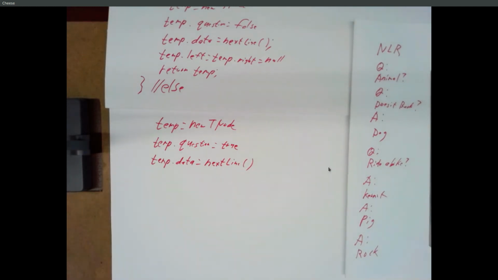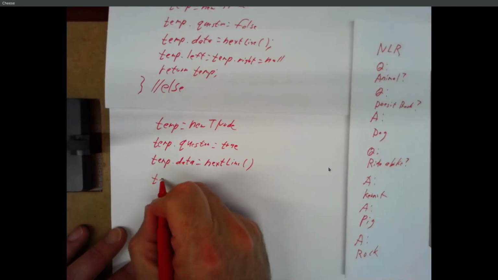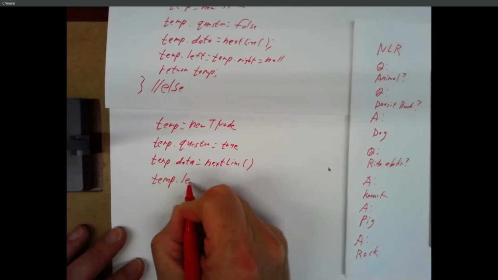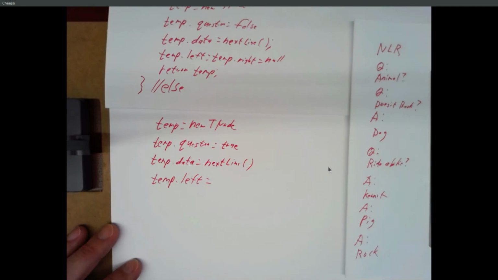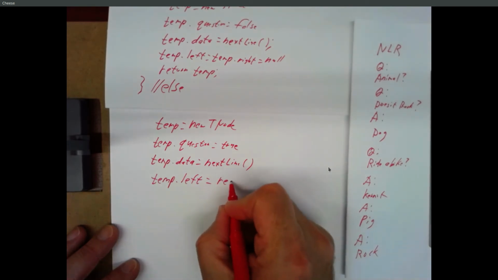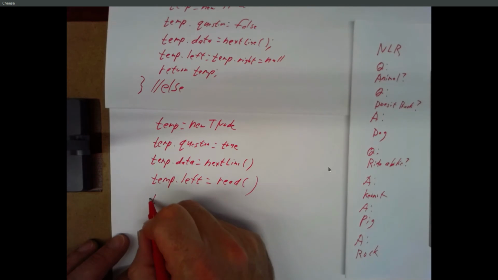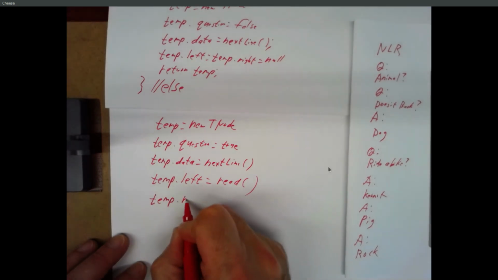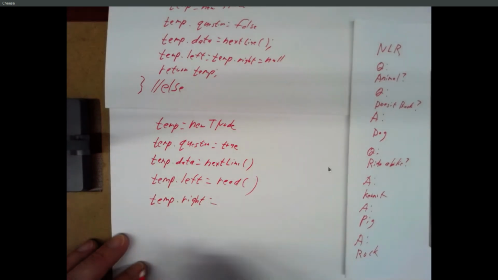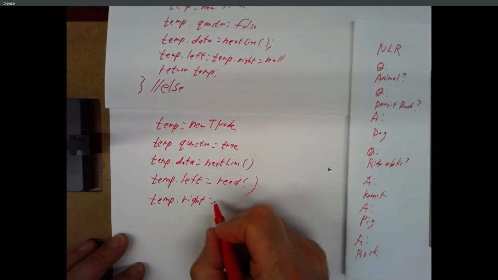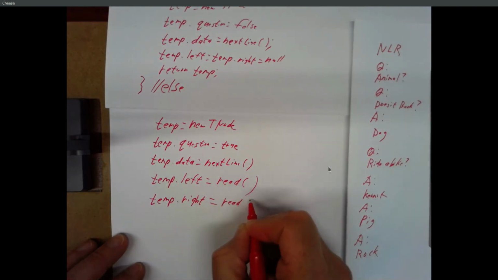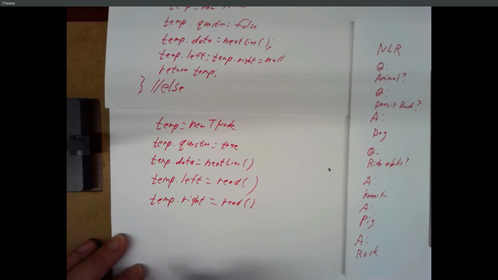All exactly the same so far as for an answer. But now set the left child equal to the return value from calling read. So there's a recursive call. And then, what are we going to set the right value to? Read. Read. Good. And then return temp.